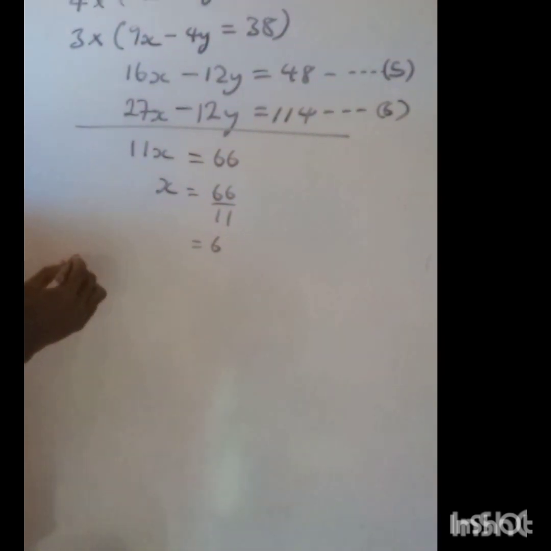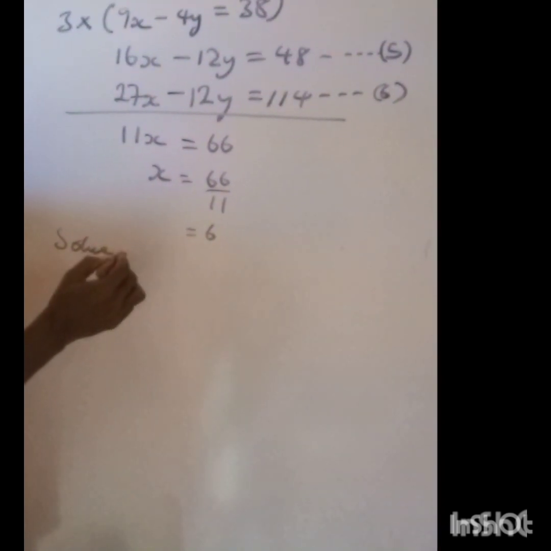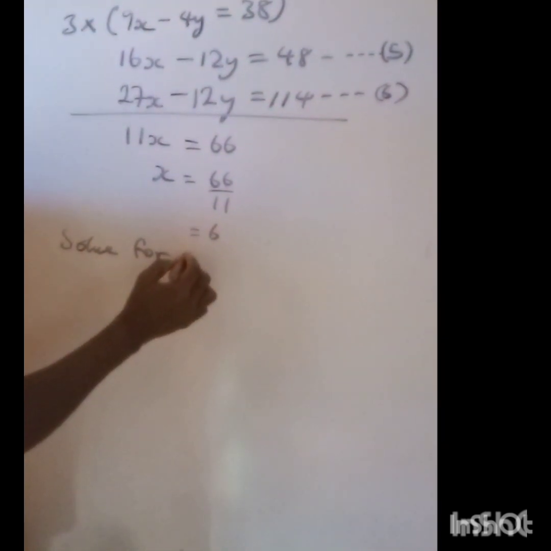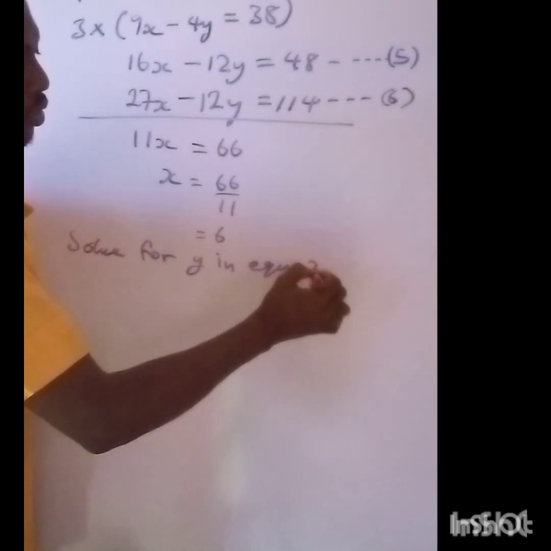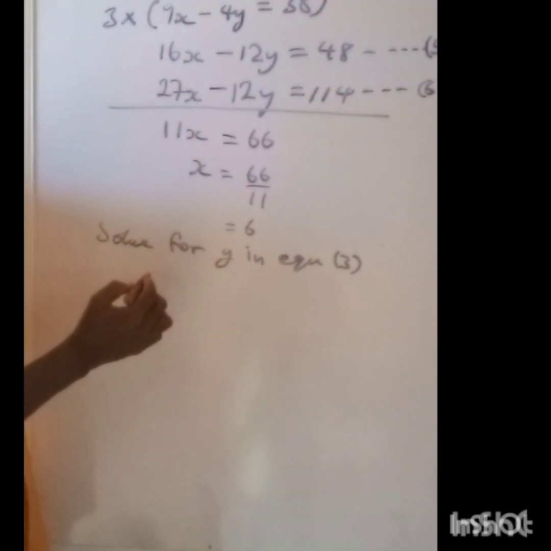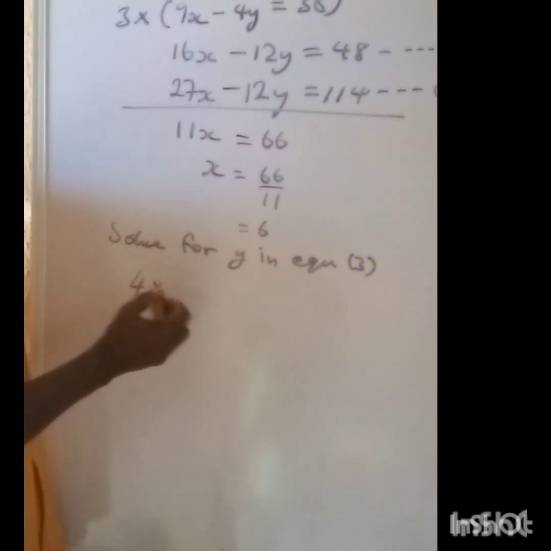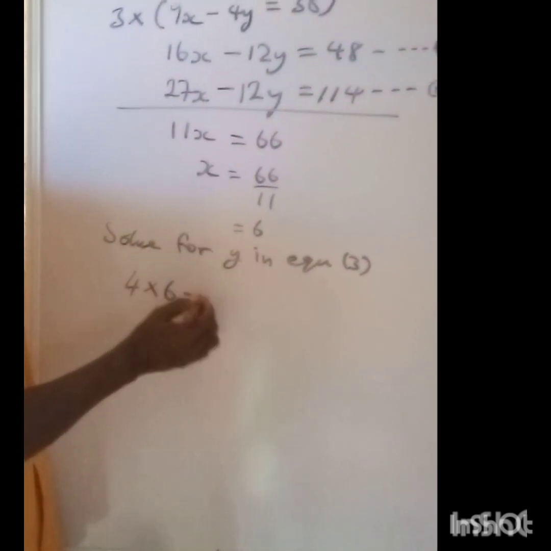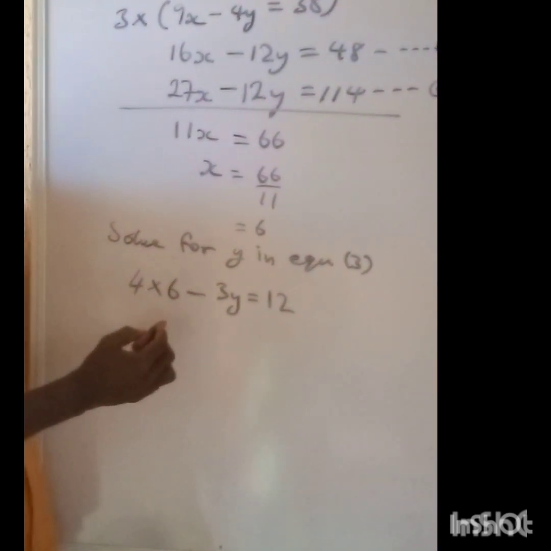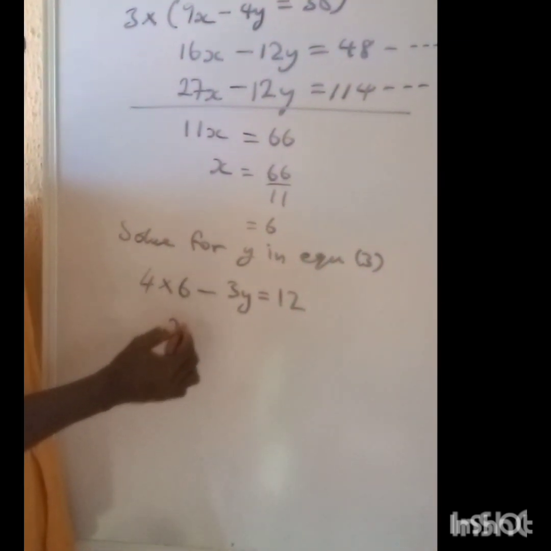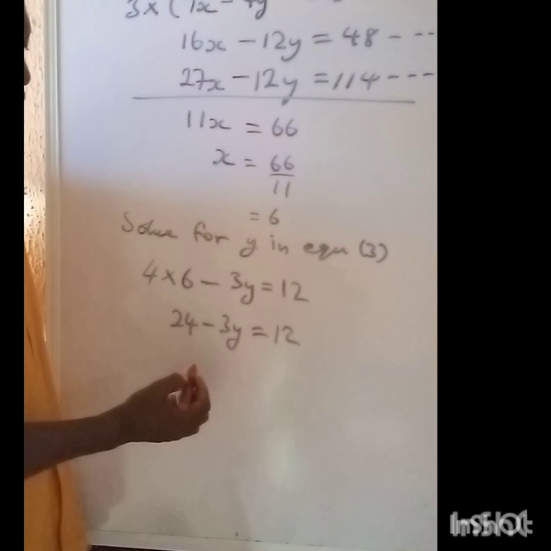So we'll solve for y in equation 3. Equation 3 says 4x, which is 4 times 6, minus 3y equals 12. So 4 times 6 gives us 24 minus 3y equals 12. We'll collect like terms.